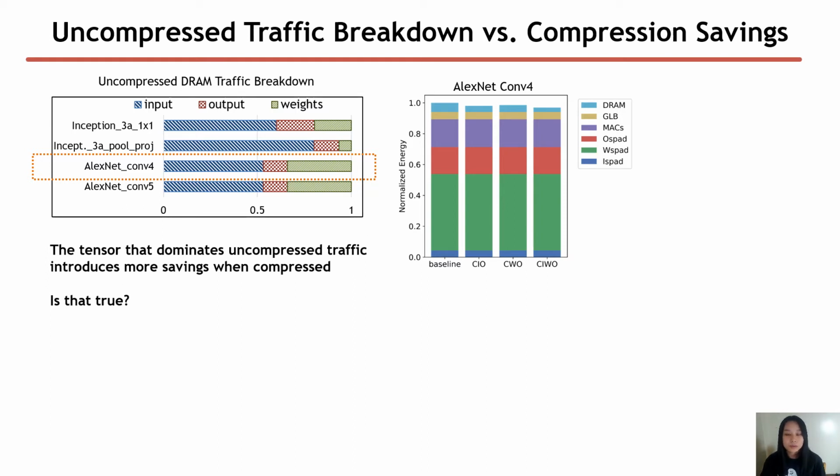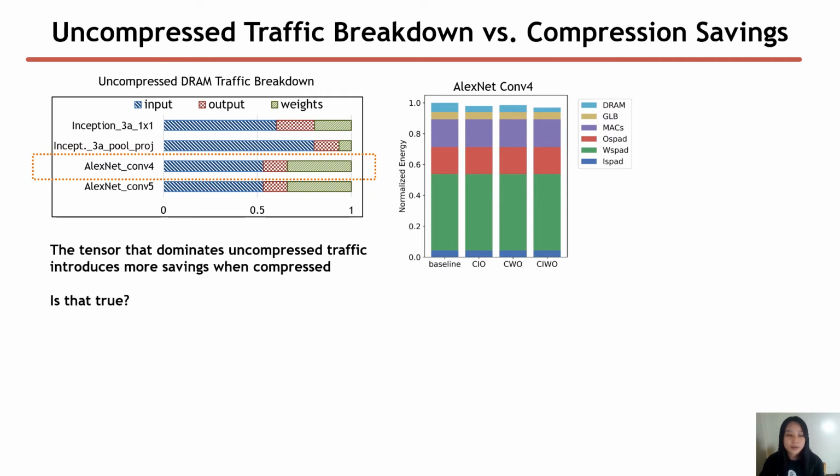And what we want to focus specifically on is the DRAM energy consumption, which is the light blue bar here. So what we're saying is, according to intuition, we probably will save the most if we compress the tensor that occupies the most in uncompressed DRAM traffic.